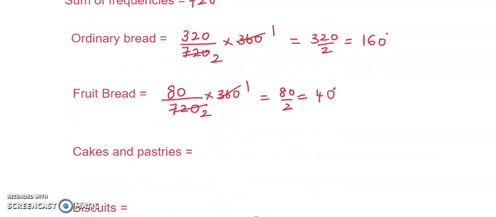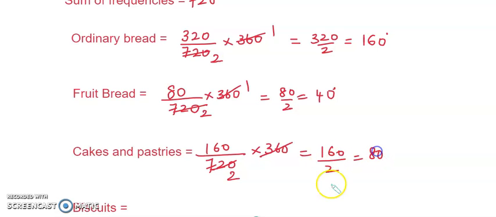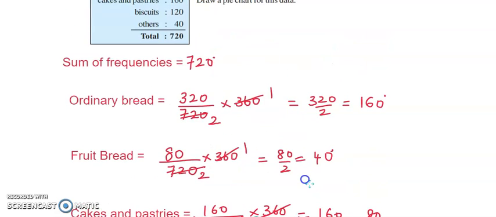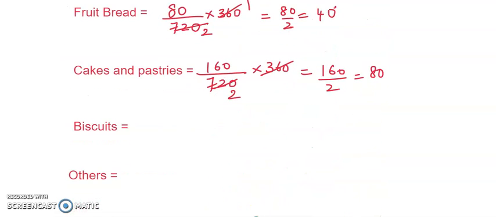Next is 160 for cakes and pastries. So 160 divided by 720 multiplied by 360. Cancel off 2, so it's 160 divided by 2, which is 80. Right? Biscuits is 120 and others is 40.